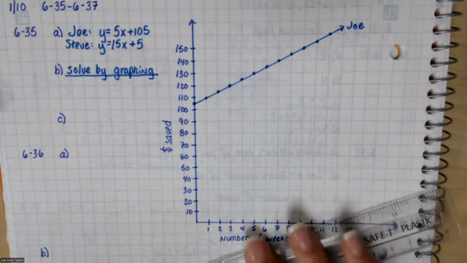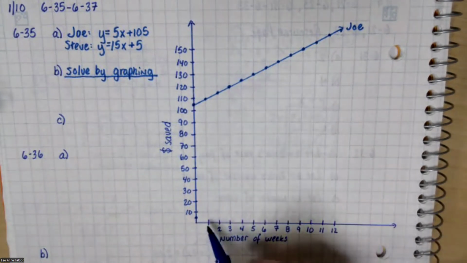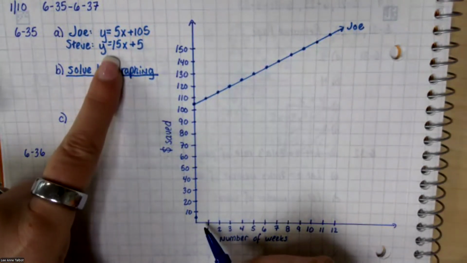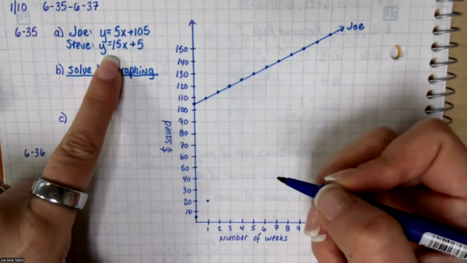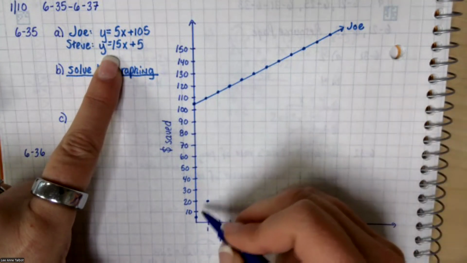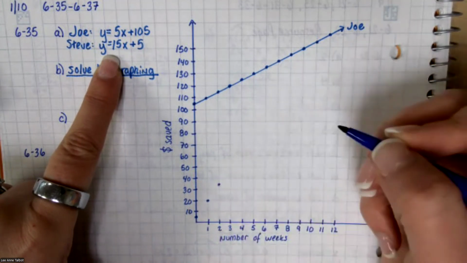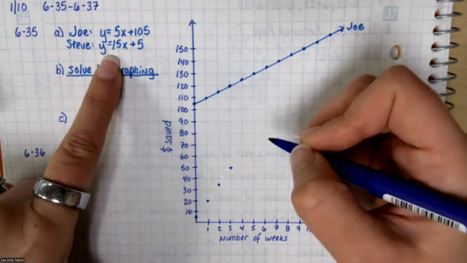Okay, now Steve starts at 5, which is down here, and goes 15, up 15 over 1. So go up to 20. So it's like a box and a half. Up 15 over 1. Up 15 over 1.